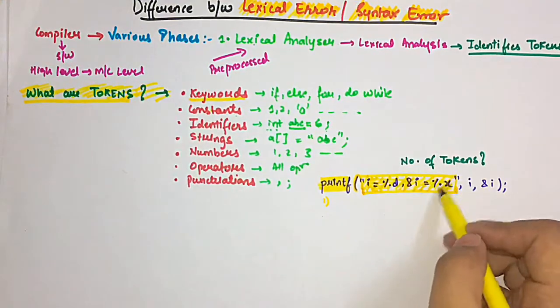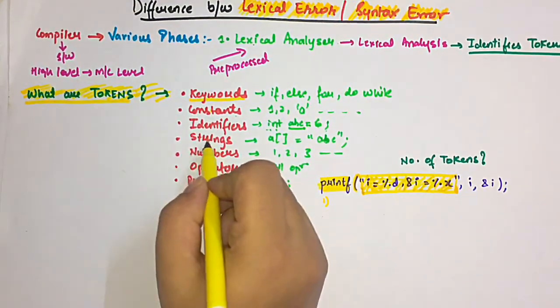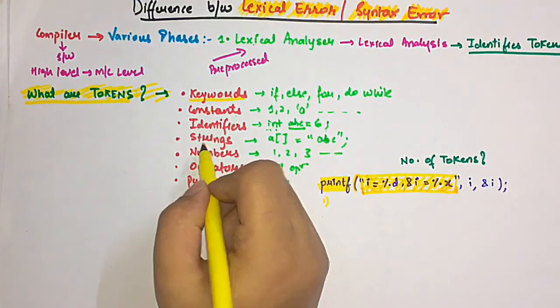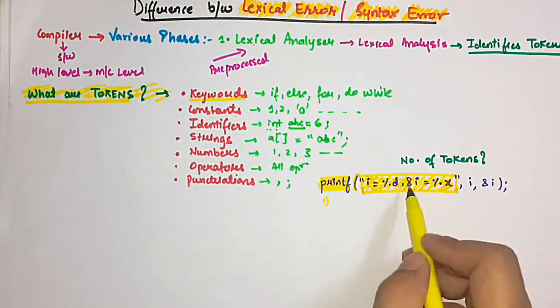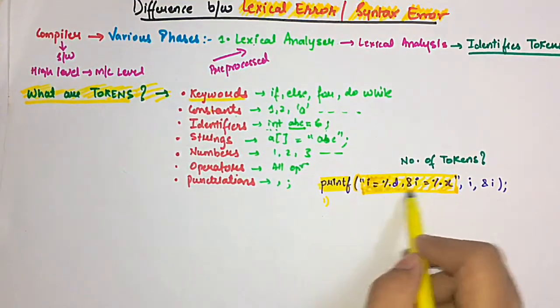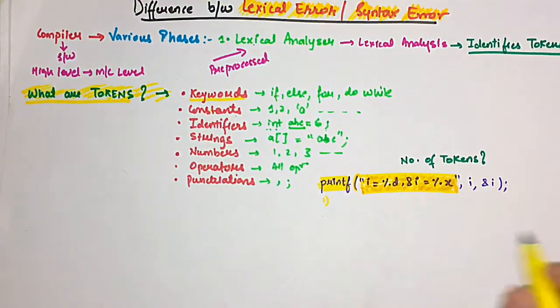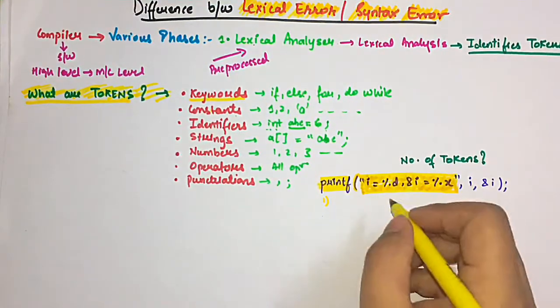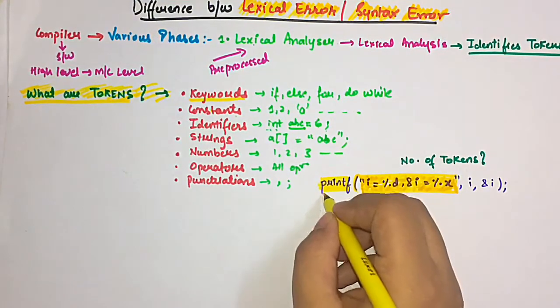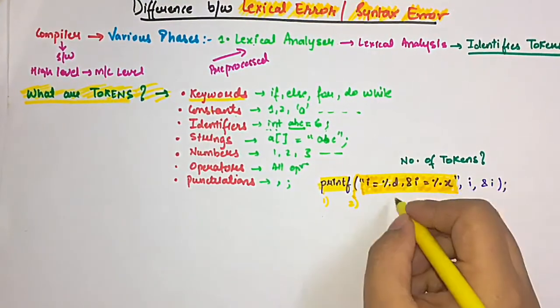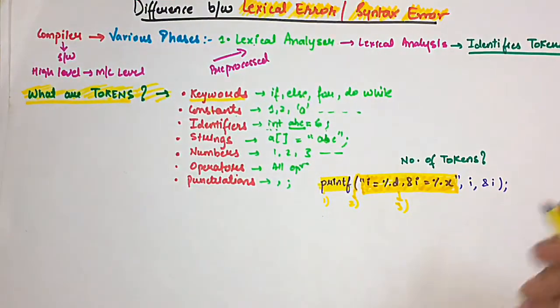Guys, I just told you that strings are considered as a token. This is one single string, so that's why it is considered as a single token. So 1, 2, 3.